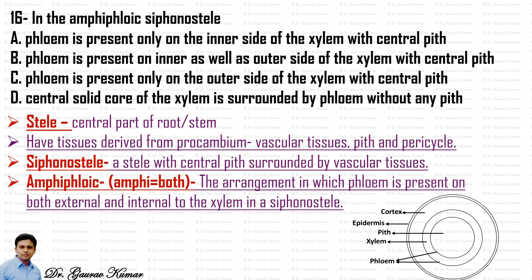You can see in the image also that the phloem is present on the internal side of the xylem as well as the outer side of the xylem. So our correct option is B. That is, in amphiphloic siphonostele, the phloem is present on the inner as well as outer side of the xylem with central pith.